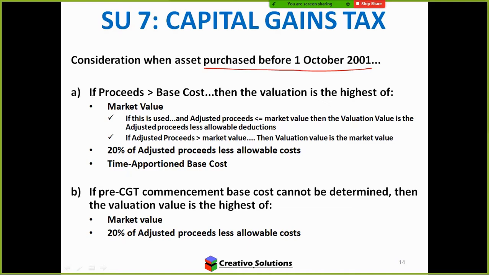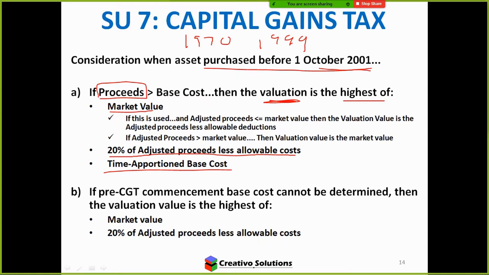If I purchased property in 1970 or 1999, whenever, before 2001, you have to check if the proceeds, in other words when you sell that property, are greater than the base cost. Then the valuation value is the highest of either market value, 20% of the adjusted proceeds less the allowable costs, or a time-apportioned base cost.